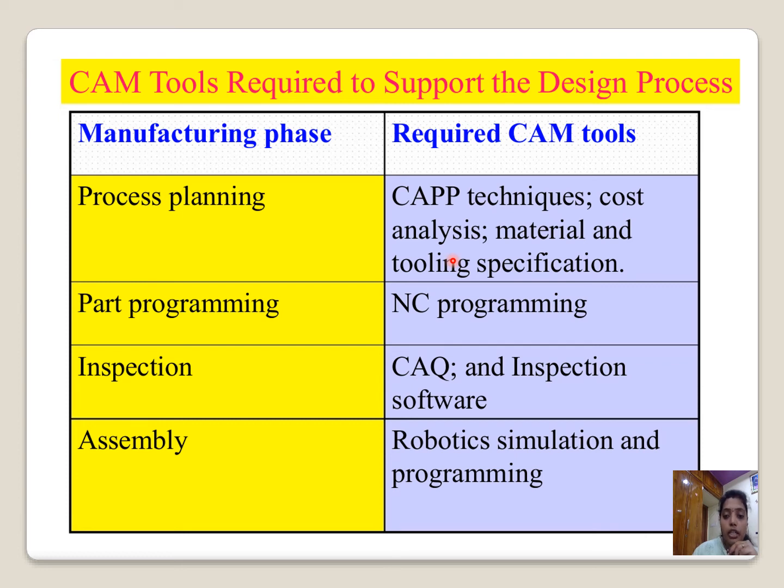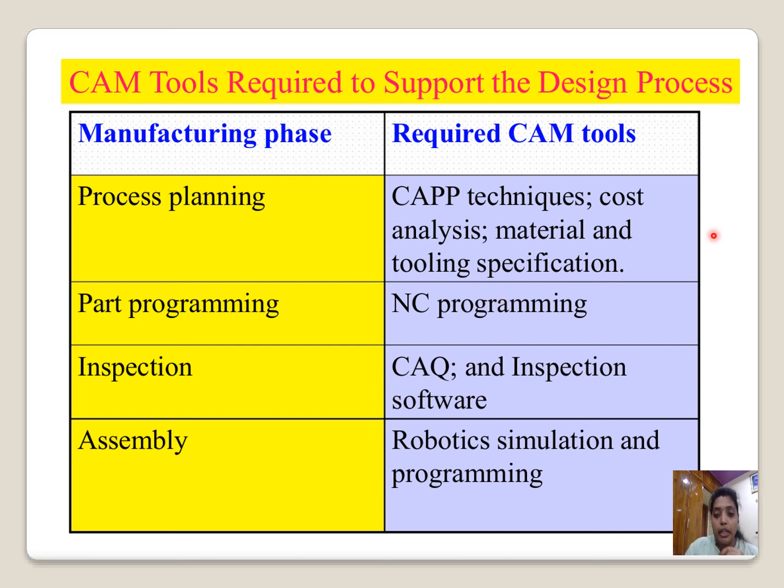All these costs are analyzed, and after that comes the material and tooling specification, meaning what materials are required to manufacture that object, and tooling means what tools are required to remove the unwanted material, or after manufacturing. If they have those tools, they will stop there; otherwise they want to buy new tools to manufacture that product.